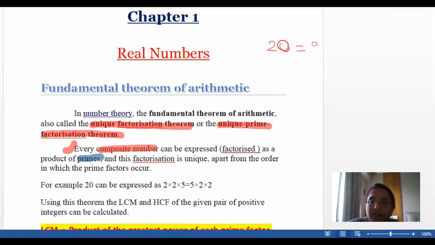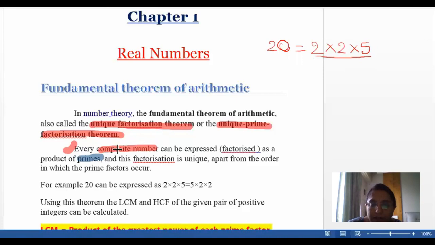What are the factors of 20? 2 into 2 into 5. 2 2s are 4, 4 5s are 20. These are prime factors. Prime numbers are the numbers which are divisible by 1 and that number itself. So these 3 are prime numbers.